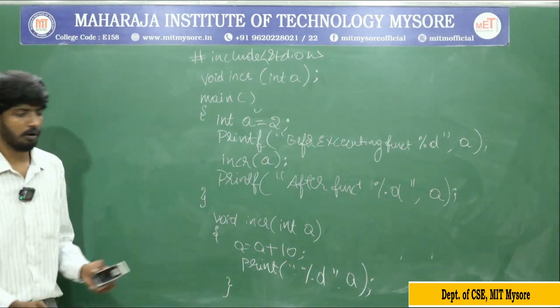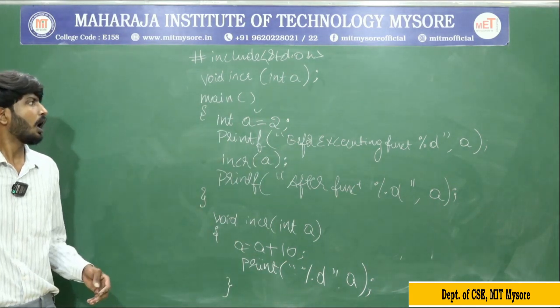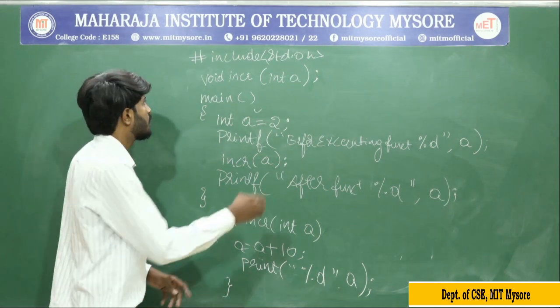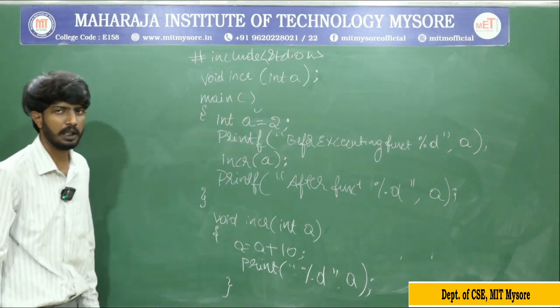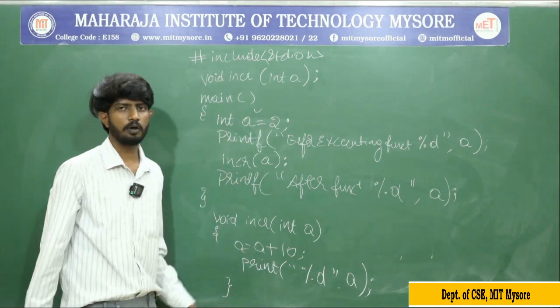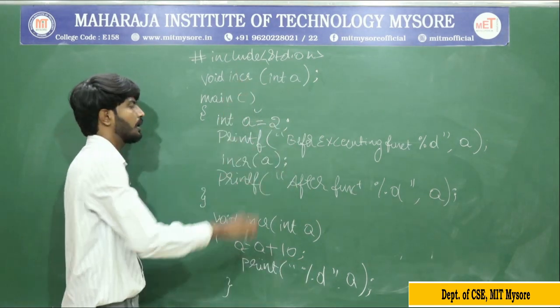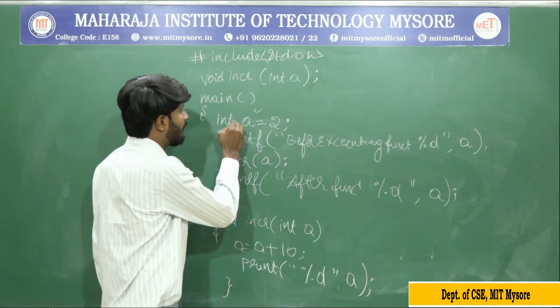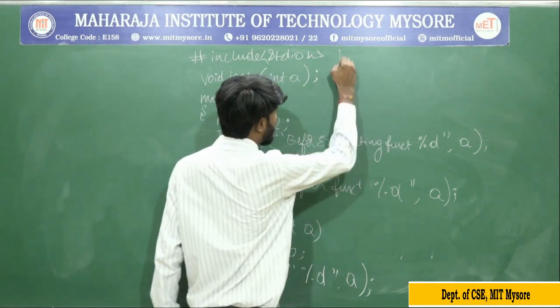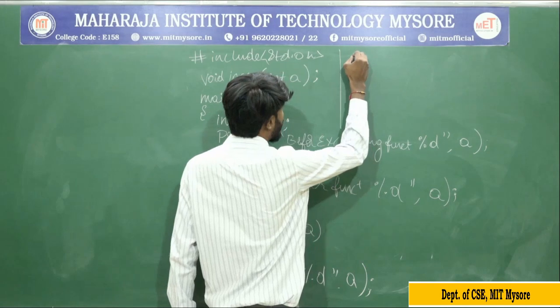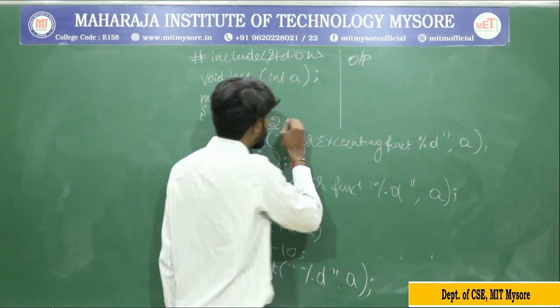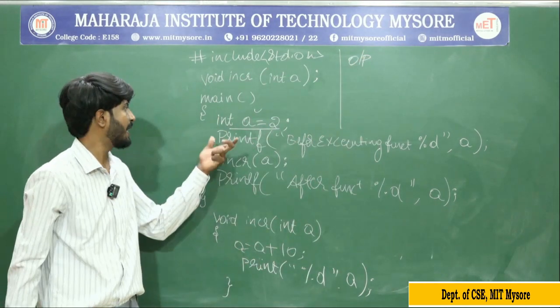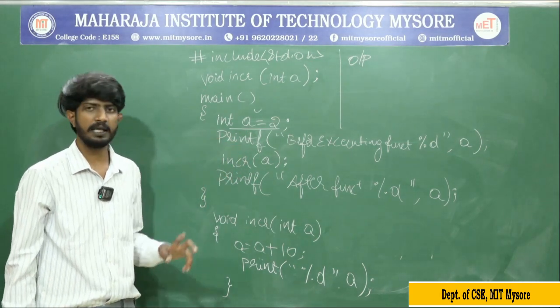So this is how our program is. I have declared the standard input output, I have declared the function name, then I have main. I will write the output here. Initially the value of a will be 2 as I have assigned directly.